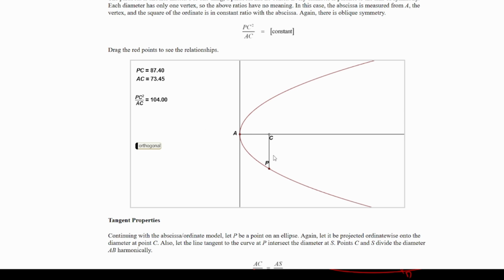So this is a parabola, and you've got the lengths AC and CP over here, and then you've got the square on the side of PC divided by the lengths of the cutoff diameter is equal to 104. So what do you think is going to happen if I move the point P around?